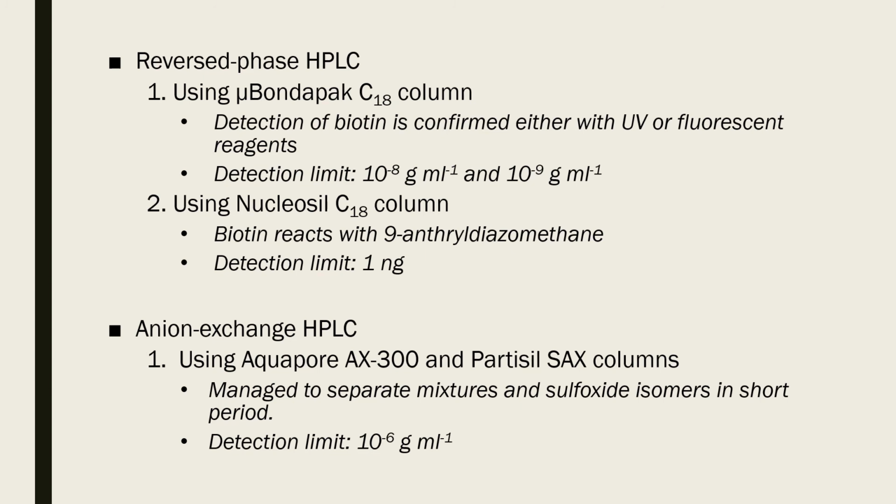In contrast, by using nucleosyl 18 carbon column, biotin will react with diazomethane, depicting 1 nanogram for detection limit. The other HPLC method used is anion exchange HPLC by using aquapore AX300 and particle SAS columns. HPLC managed to separate mixtures and sulfoxide isomers in short period, and the detection limit is 10 to the power of negative 6 gram per milliliter.